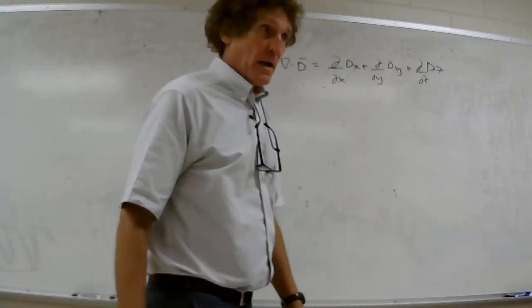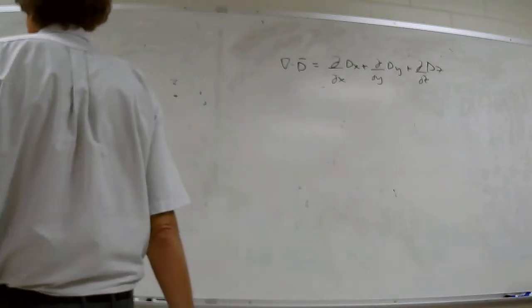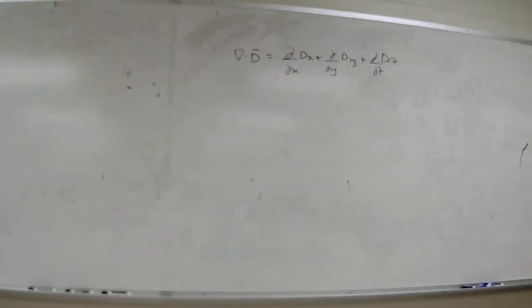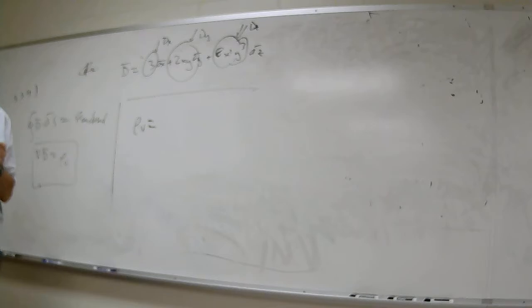They do the same operation, a bunch of derivatives for the coordinates. This is Dx, this is Dy, and this is Dz. It's just the coefficients of x, y, and z.